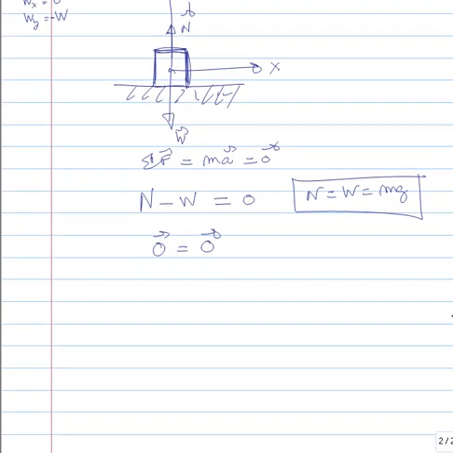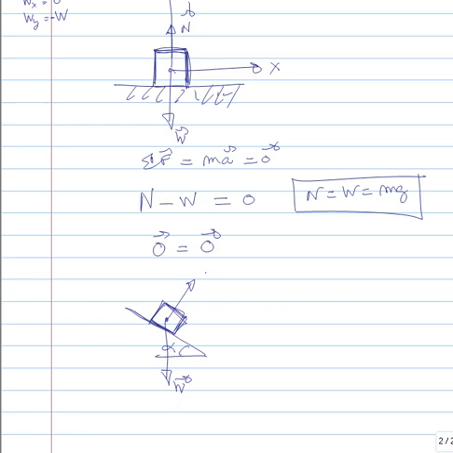Now let's imagine that my block is sitting on the surface, but this time the surface is inclined by an angle alpha. Let's do the same thing. This is my object and my system S. The first force is my weight, down. Second force, normal force. Normal force is always perpendicular to my surface.